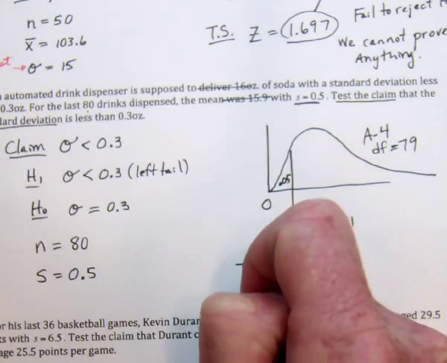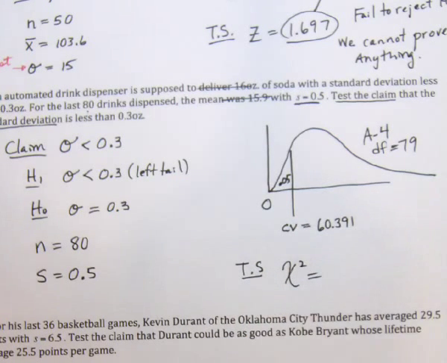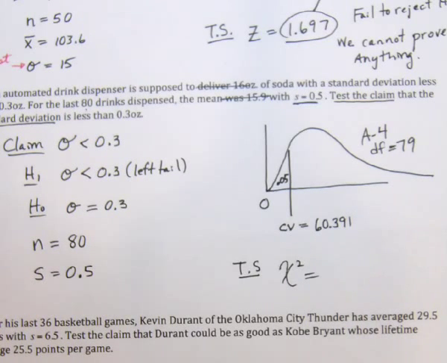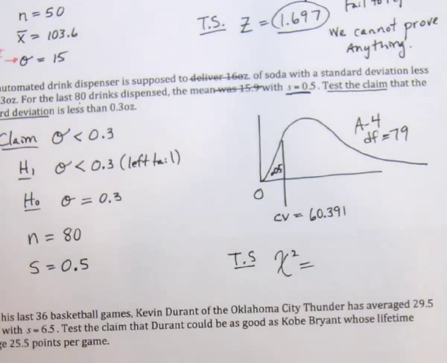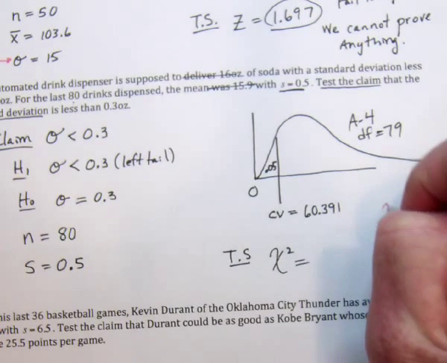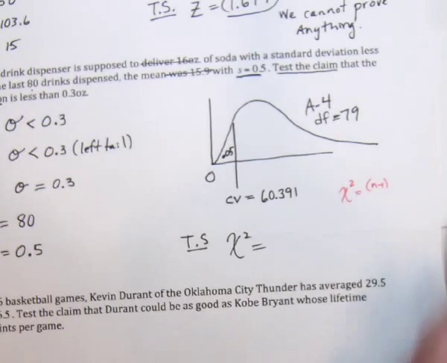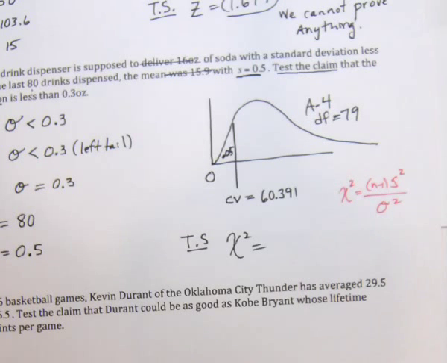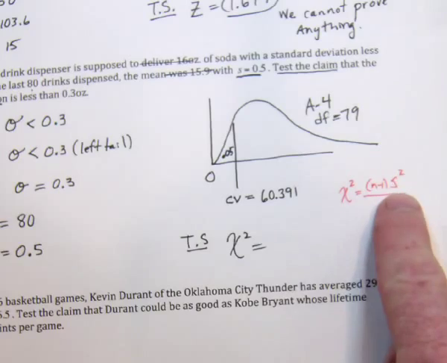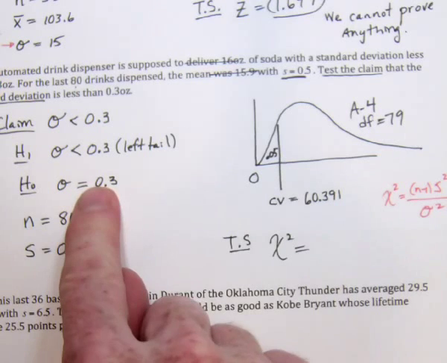And then for the test statistic, it's going to be chi-squared. This one is not in the calculator. So this one, though, is pretty small. The formula is pretty easy. It's chi-squared equals n minus 1, or in other words, degrees of freedom, and then you take the s squared divided by the sigma squared, where this is the s, and the denominator comes from this sigma.